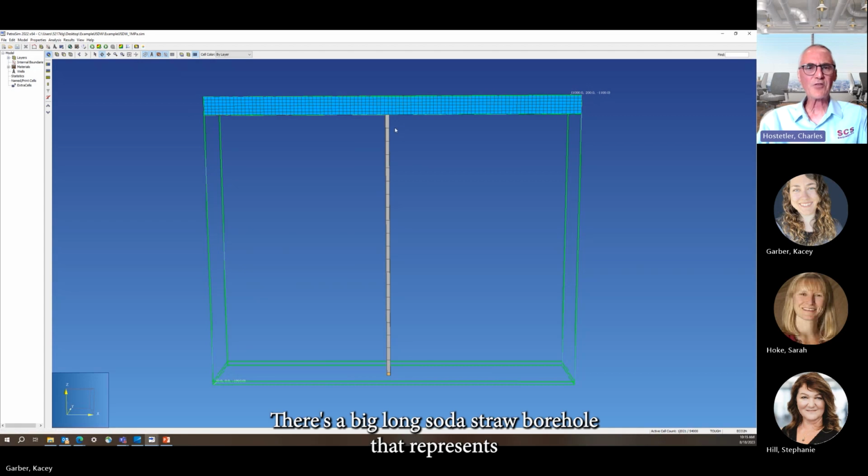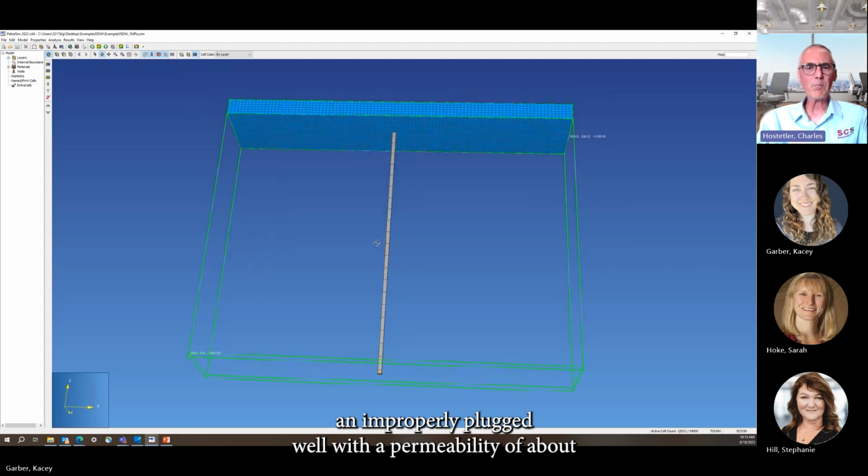There's a big, long soda straw borehole that represents an improperly plugged well with a permeability of about 10 to the minus 10th meters squared, which is about 100 Darcys. So it's very, very permeable. And at the very bottom of it, you can see colored in orange, is a cell that is in the injection zone that has brine from the injection zone, and it has pressure applied to it.